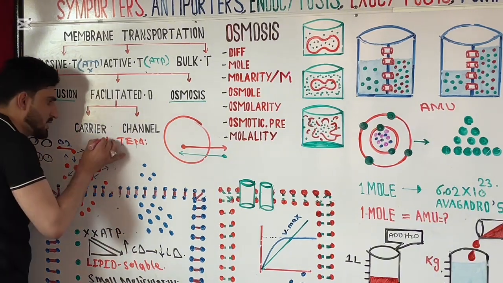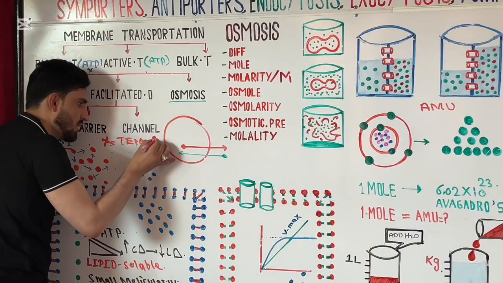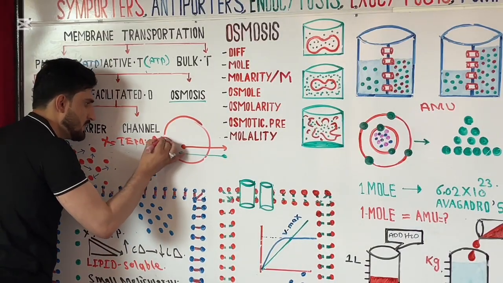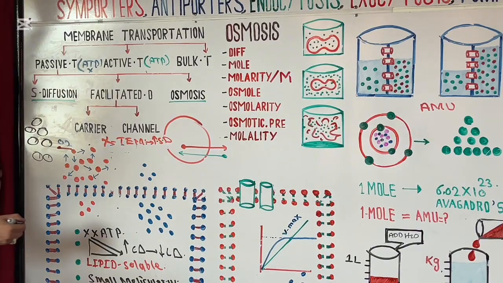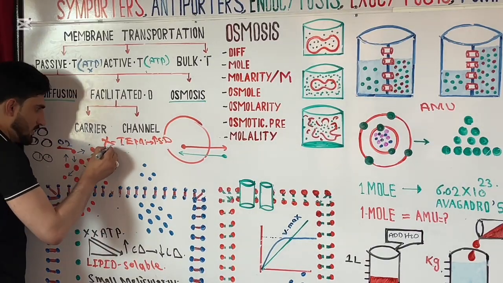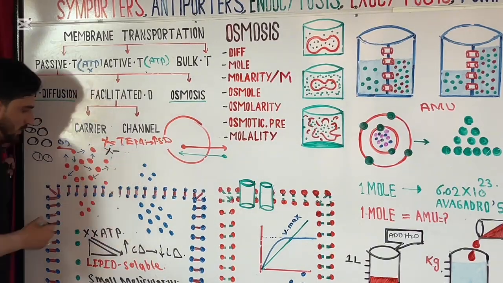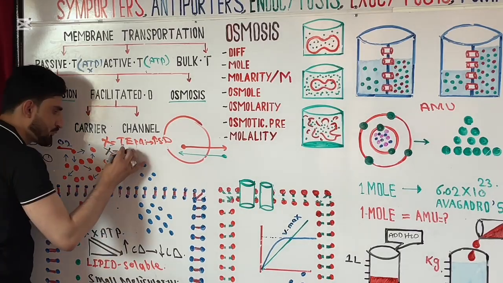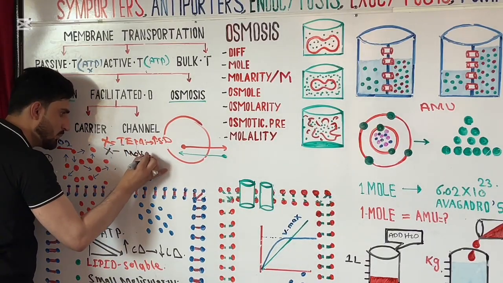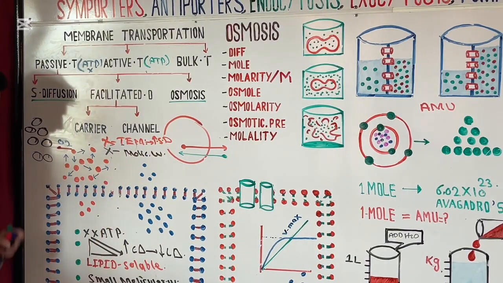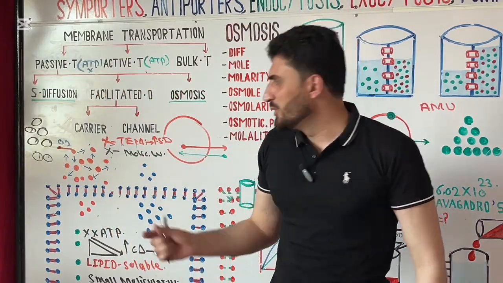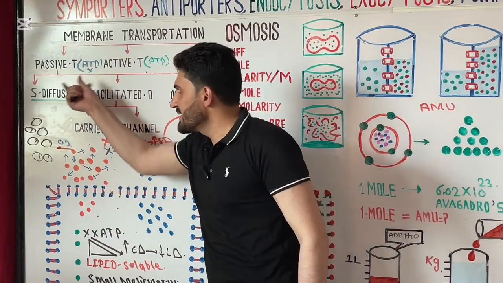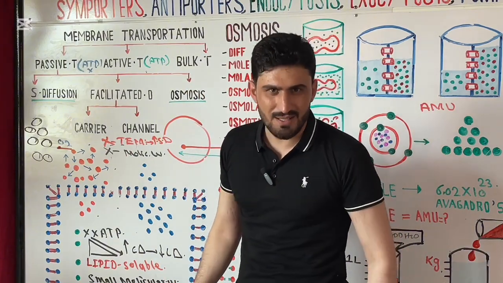So high temperature causes more simple diffusion. And another factor which causes simple diffusion to be more is molecular weight. Small substances move through the cell membrane by simple diffusion very fast.